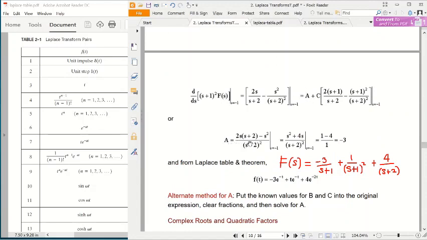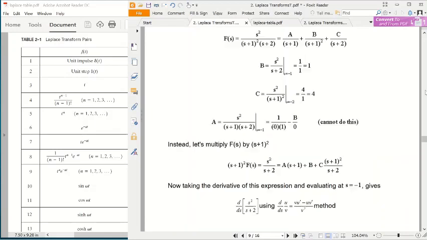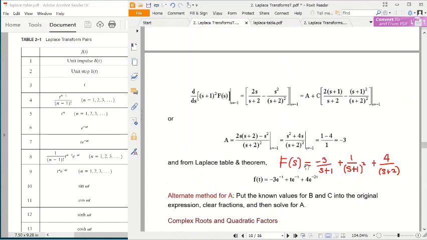So you rearrange that or substitute straight away, then you should get the value of a equal to minus 3. And then this partial fraction expression becomes like this, with the values of a, b, and c.